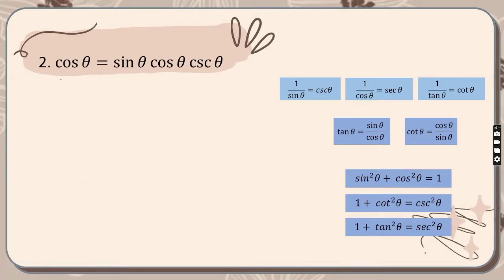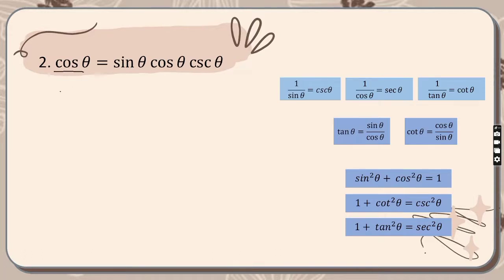So, number 2, cosine theta is equal to sine theta times cosine theta times cosecant theta. So, mag-iisip ulit tayo, ano bang function dito ang pwede nating palitan? So, ang goal natin is mag-equal sila sa cosine theta.